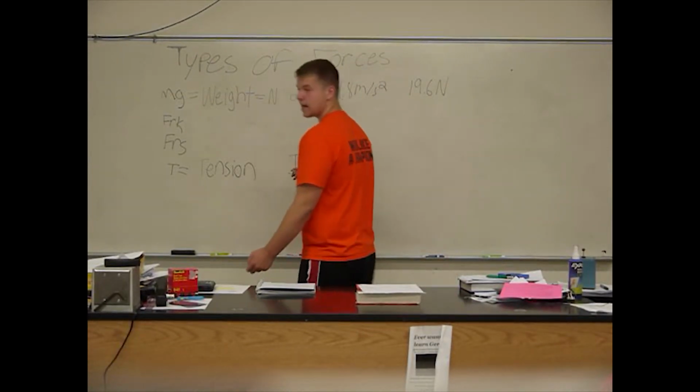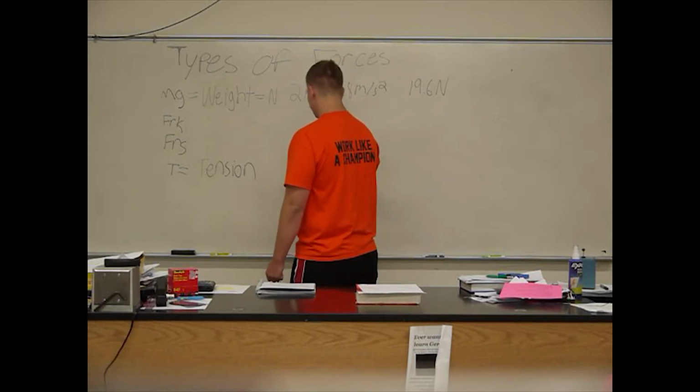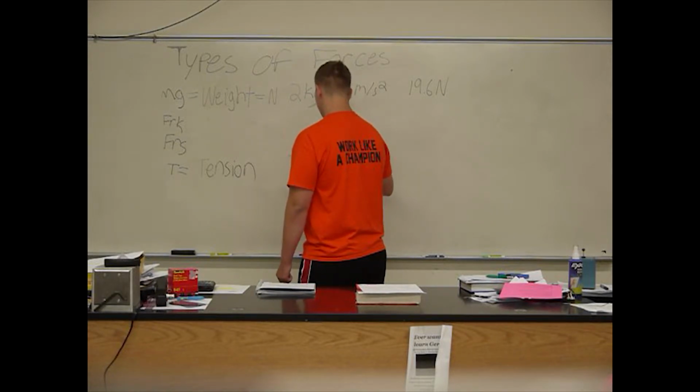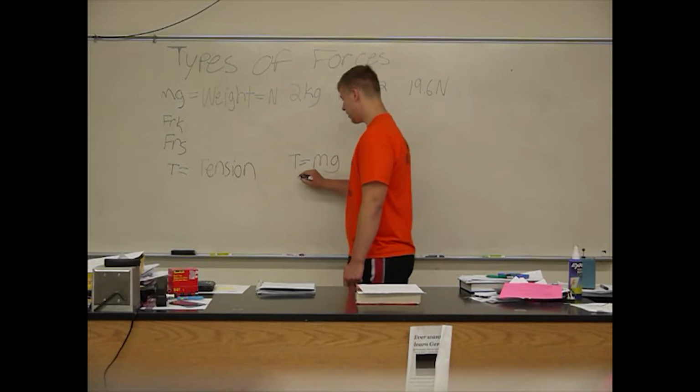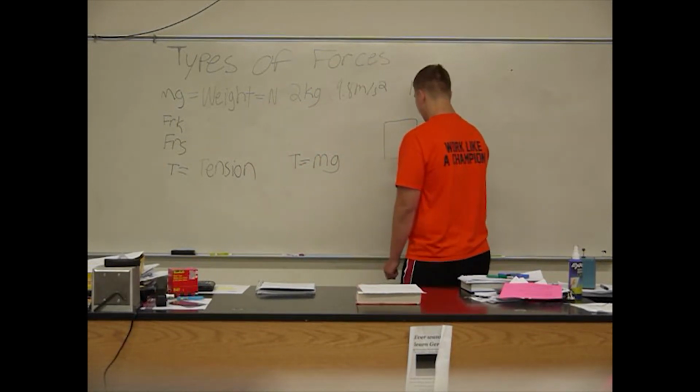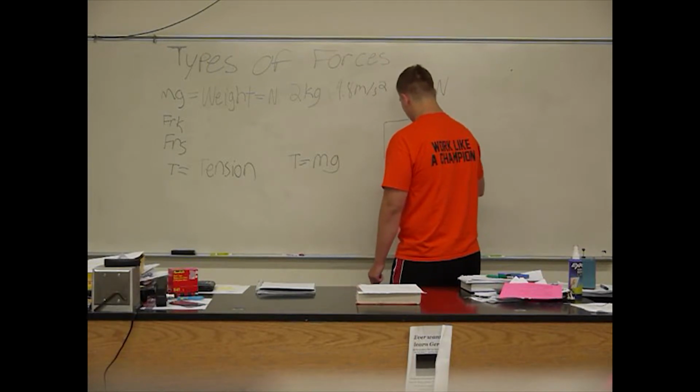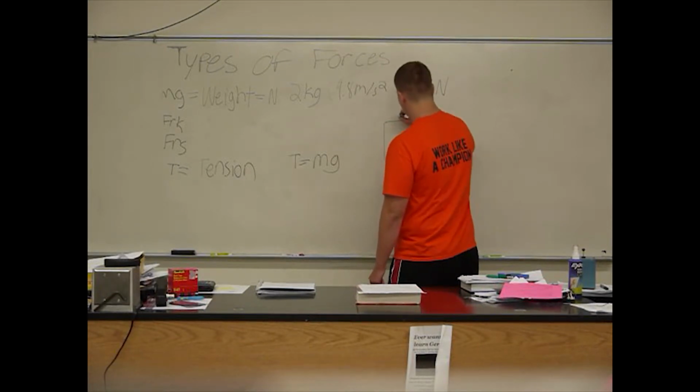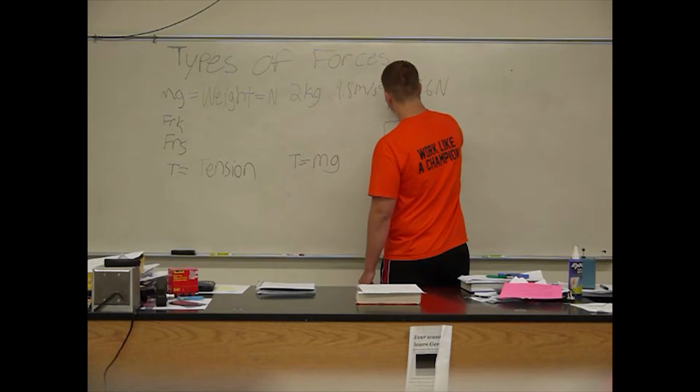If the phone is just standing still when it falls, tension is just equal to mg. If the phone is moving, you draw a free body diagram. You have mg going down and tension going up.